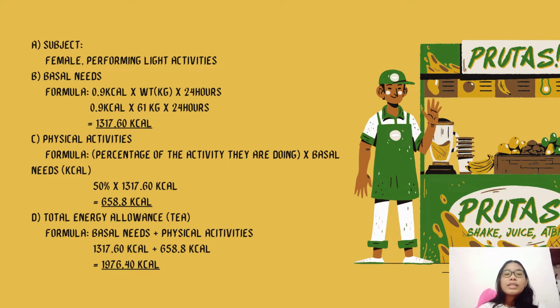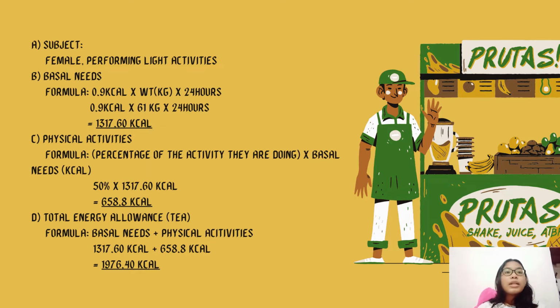Letter C is physical activities, which has a formula of percentage of activity times basal needs, in kilocalories. With this, we used 50% since it was already mentioned that the female patient is doing light activities. It is then multiplied to 1,317.60 kilocalories and is equal to 658.8 kilocalories.